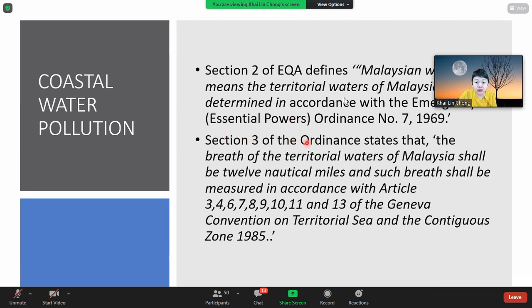Section 3 of the Ordinance states that the breadth of the territorial water of Malaysia shall be 12 nautical miles and such breadth shall be measured in accordance with Articles 3, 4, 6, 7, 8, 9, 10, 11, 13 of the Geneva Convention on the Territorial Sea and Contiguous Zone 1958. Okay, yang lain tak payah ingat, hanya ingat daripada tanah kita keluar 12 nautical miles. Itu adalah hak milik Malaysia. Alright.